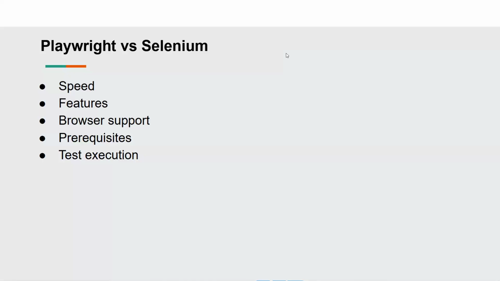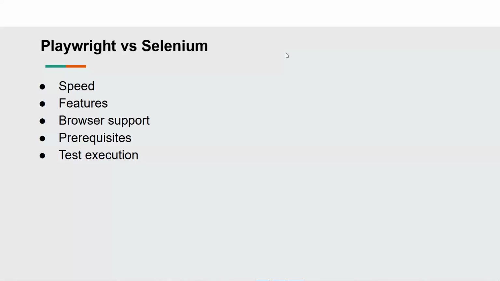The other features that Playwright provides, with TypeScript and JavaScript, is an inbuilt HTML reporting, wherein you can rerun the test by default. You can repeat test execution if you want.